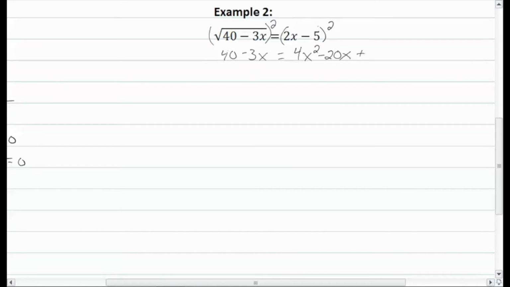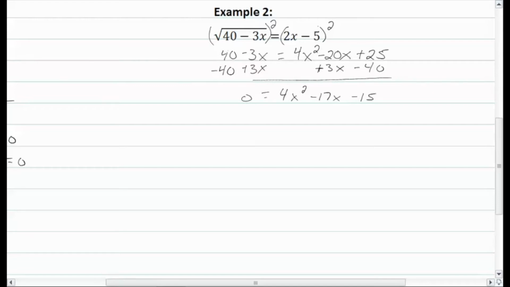Square the last term, which would give us a +25. Now move everything to one side. And we have 0 equal to 4x squared minus 17x minus 15.